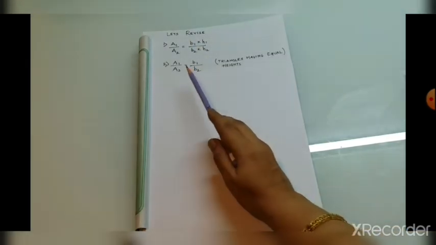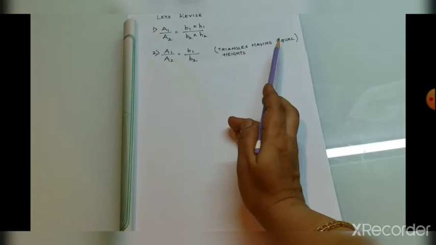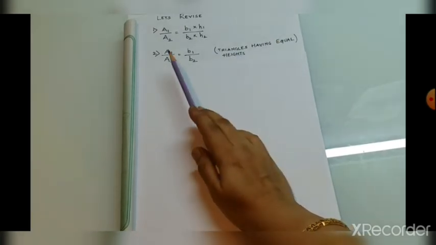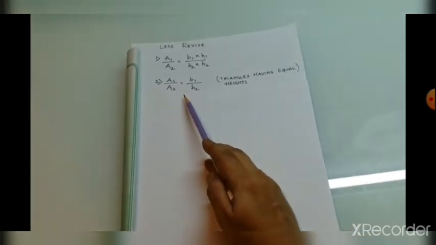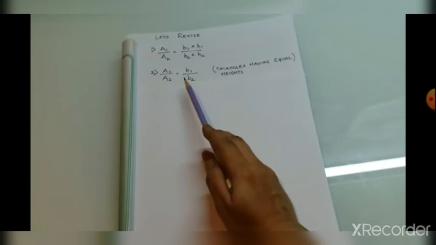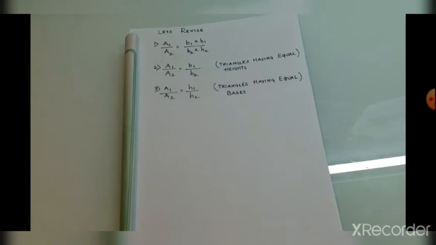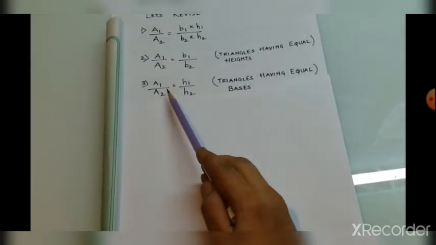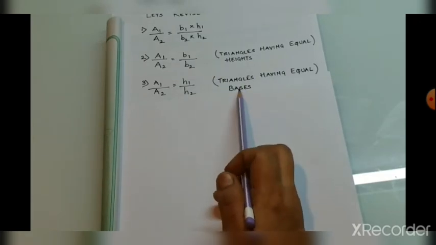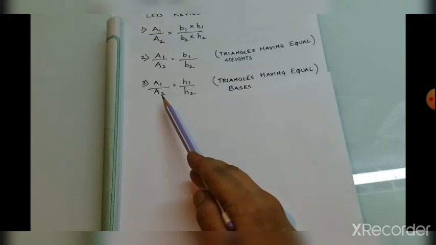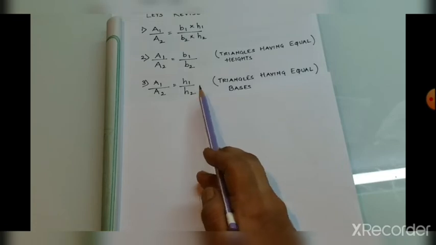The second property what we studied is if in first condition the triangles have equal heights, then we can write the ratio of the areas of two triangles is equal to the ratio of their corresponding bases. And the third property, that is in the second condition when they have equal bases, the ratio of the areas of two triangles is equal to the ratio of their corresponding heights.